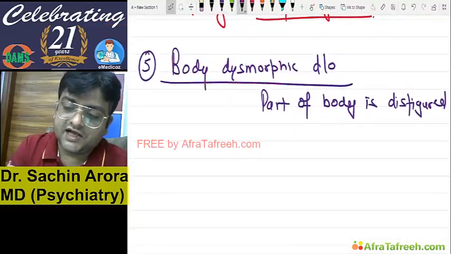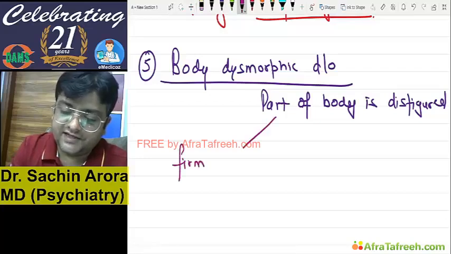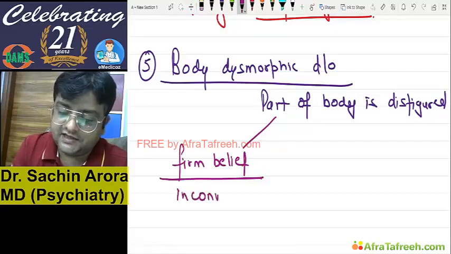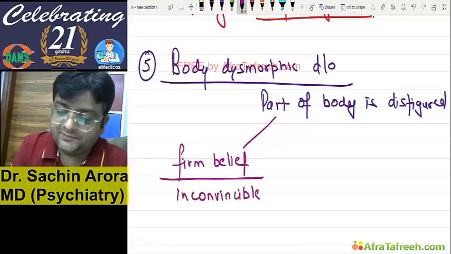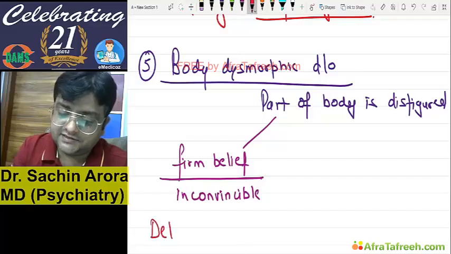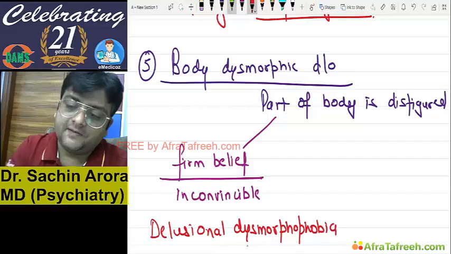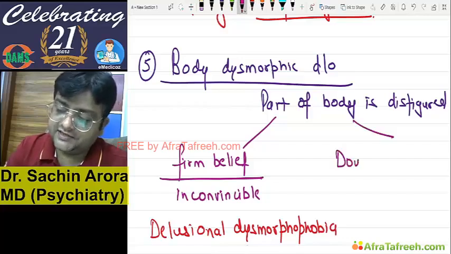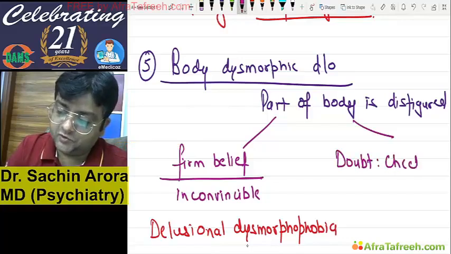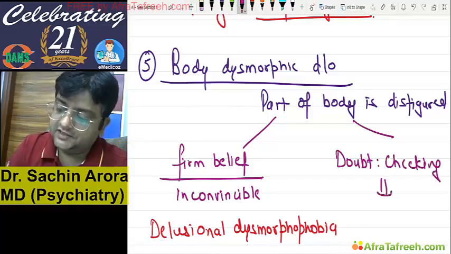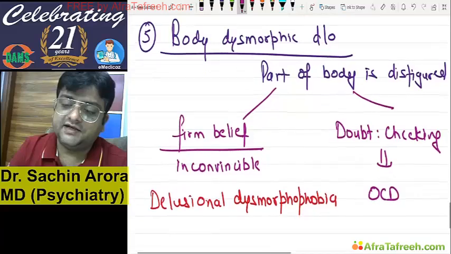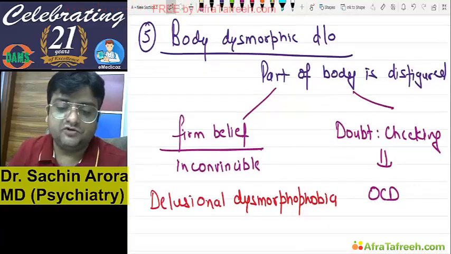If the patient has a firm belief that yes, my nose is ugly and he is inconvincible, please mark the answer as delusional dysmorphophobia. And if the patient has a doubt that yes, my nose is ugly, not ugly, ugly, not ugly, mark the answer as OCD.